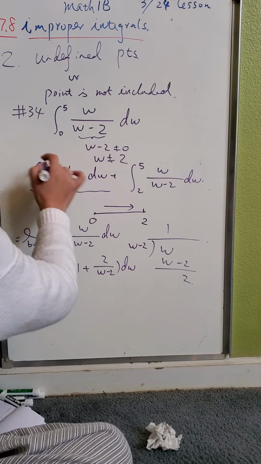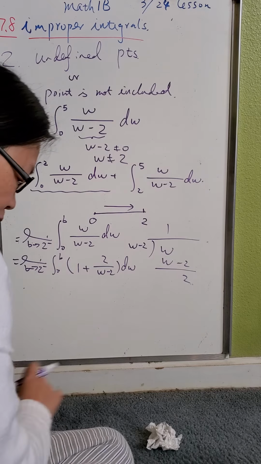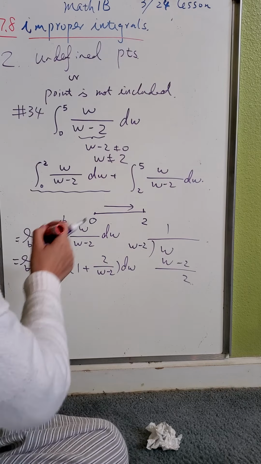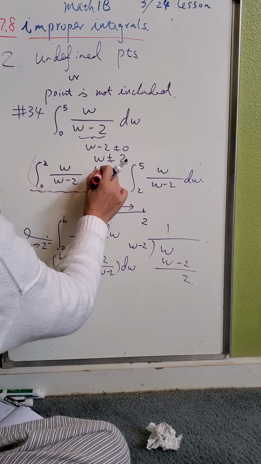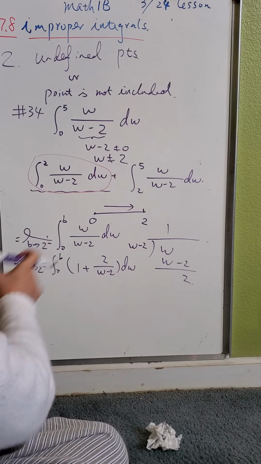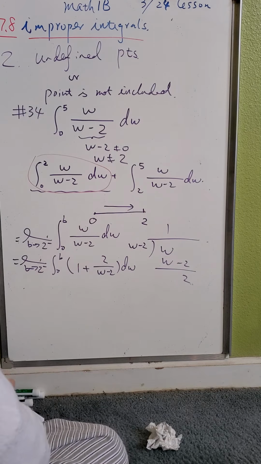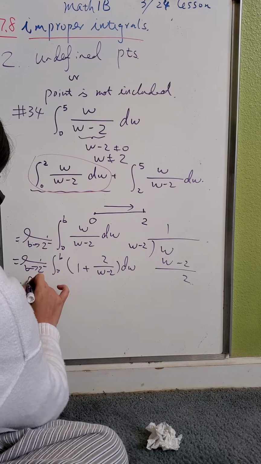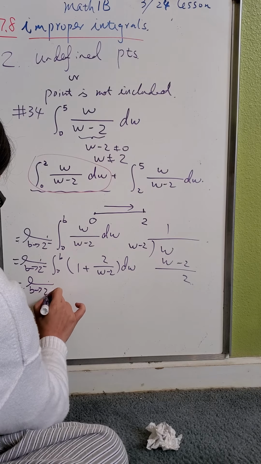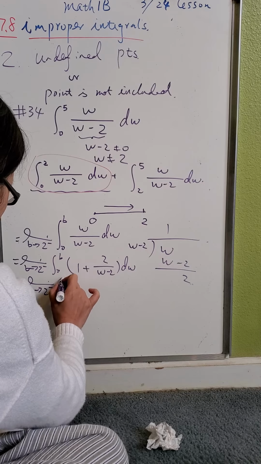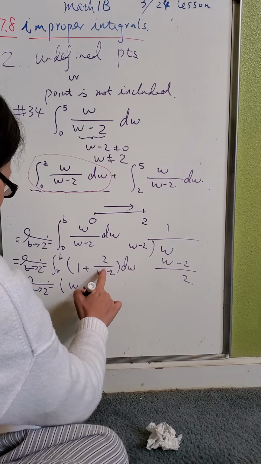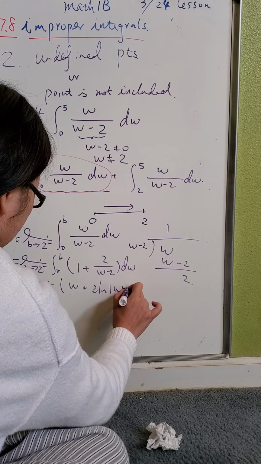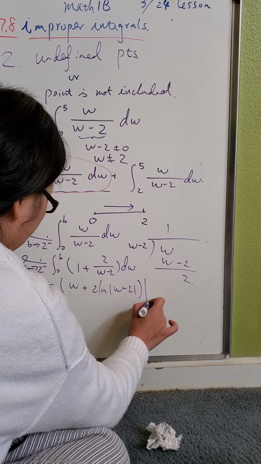I'm just doing the first part right now, and I'm hoping this one diverges so I don't need to do the other one. So integrate that, and that becomes W plus 2 ln of W minus 2, from 0 to B.